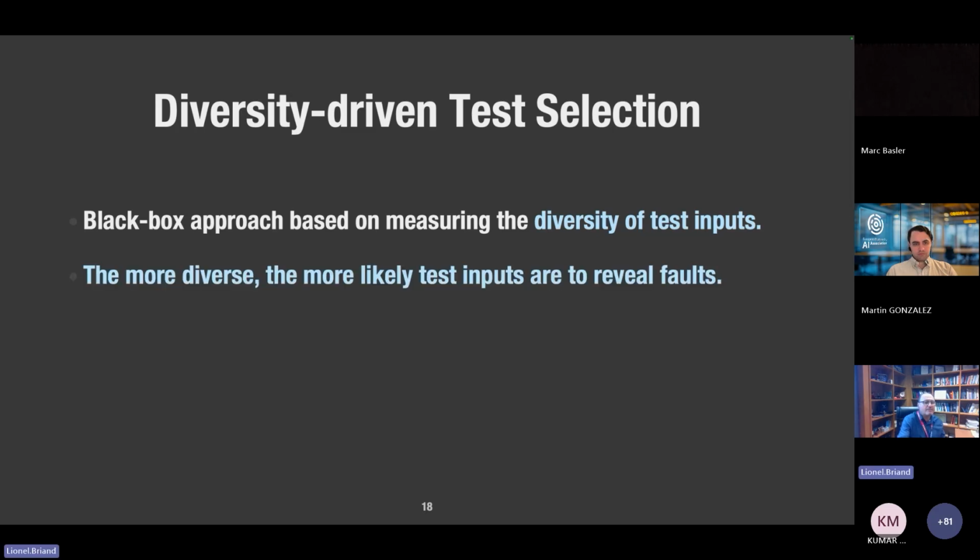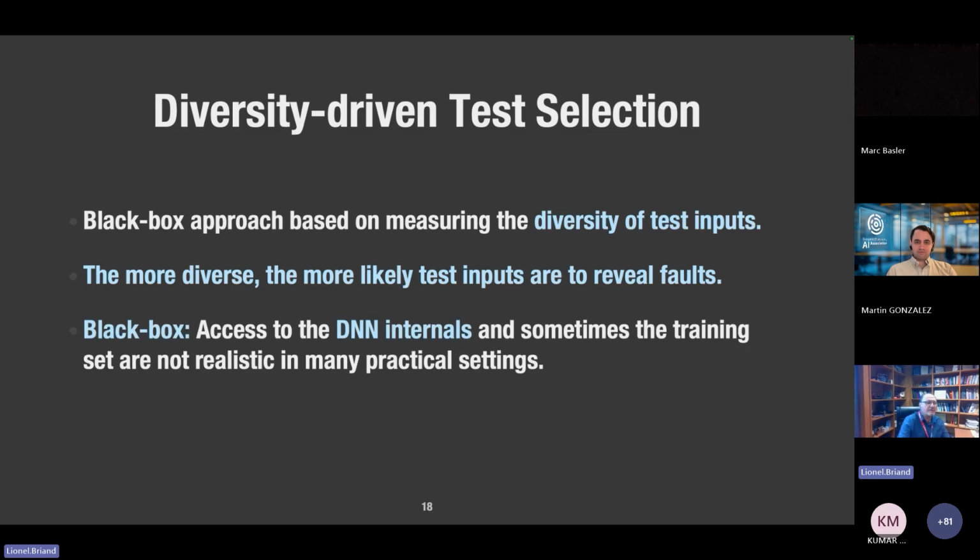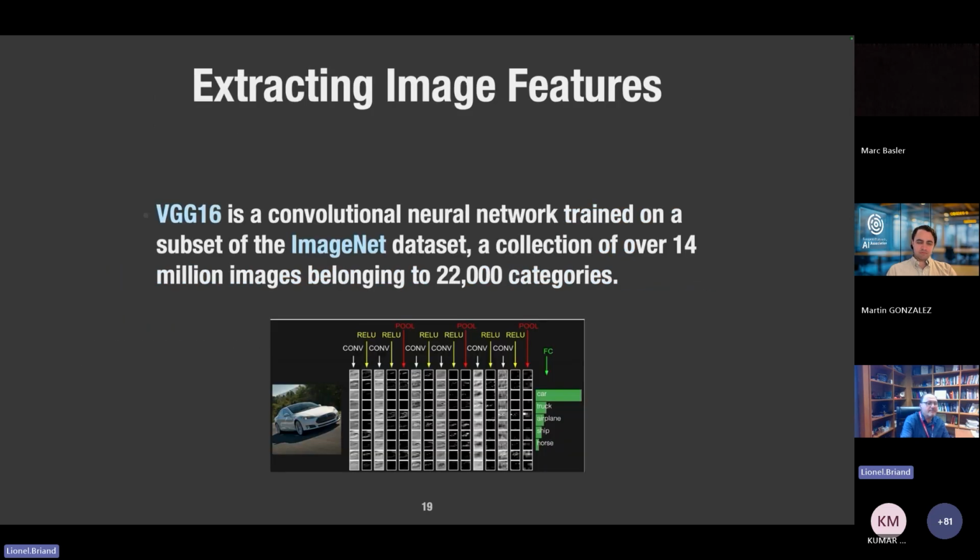And the approach basically was based on trying to find first a set of test inputs that is as diverse as possible in the space of possible inputs. And of course, this is intuitive. The more diverse a set of inputs, the more likely we are to reveal faults. And we couldn't, as I said, use information about the internals of the DNN or the training set. And we needed some form of scalable and practical selection mechanism.